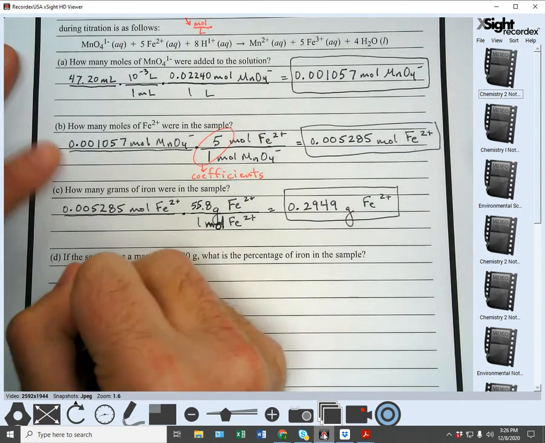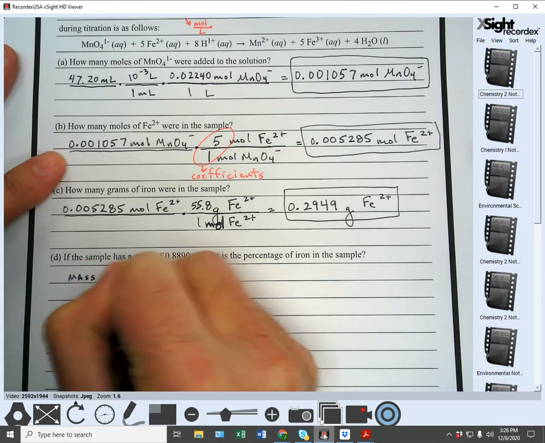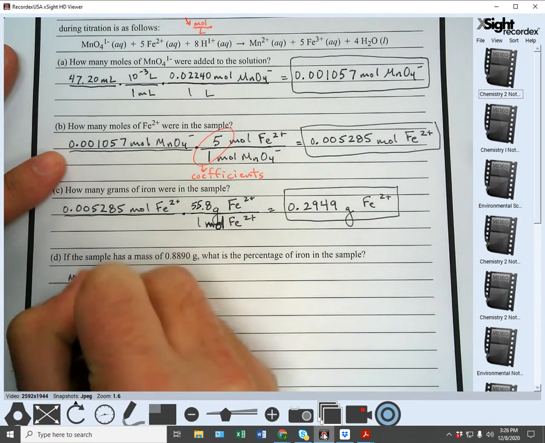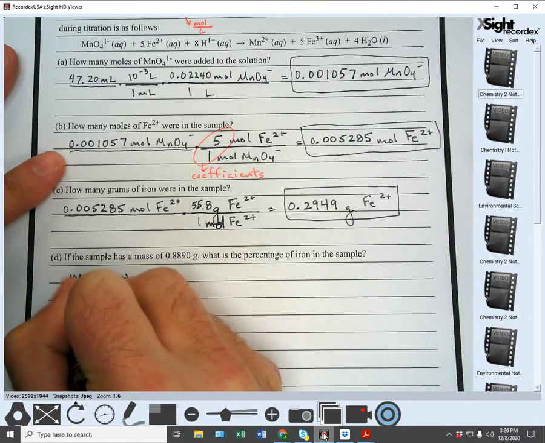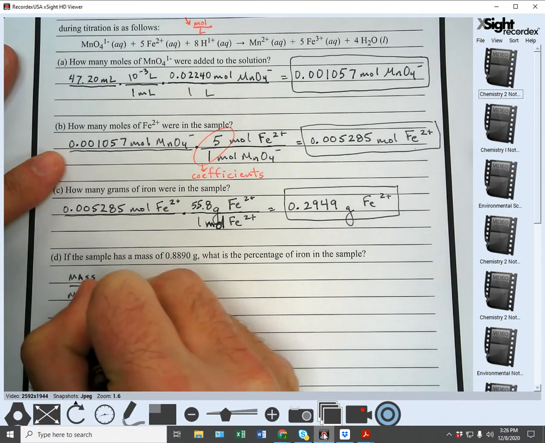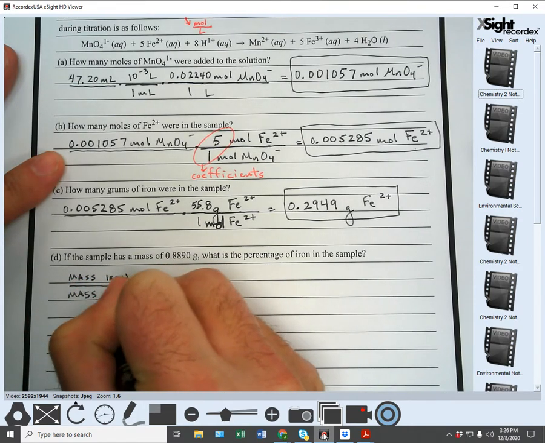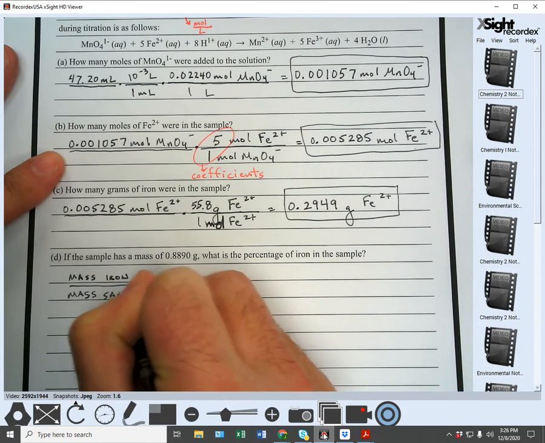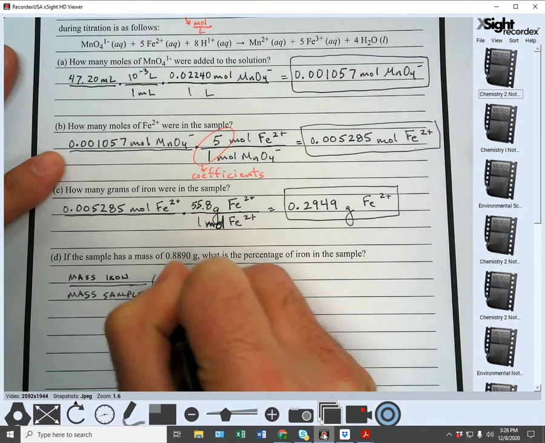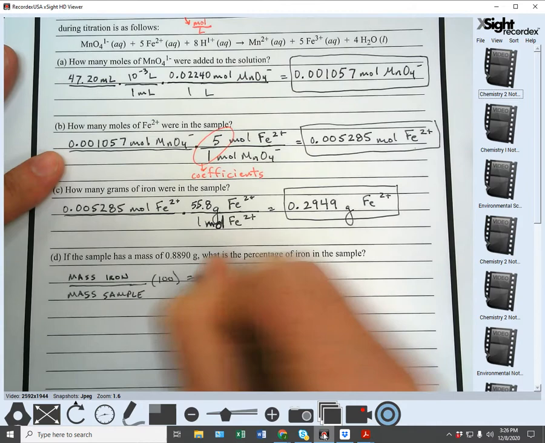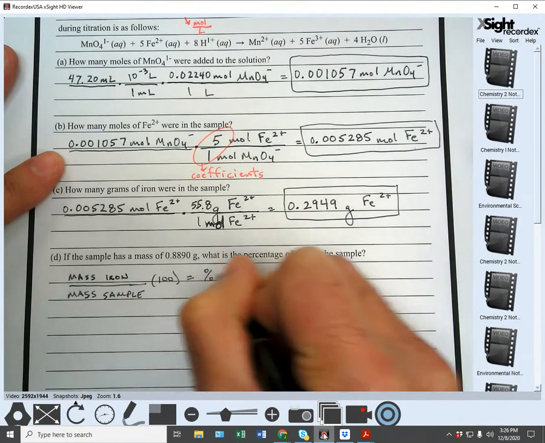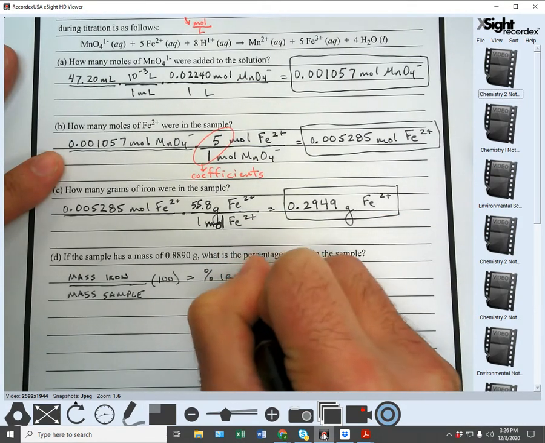Well, you would take the mass of the iron divided by the mass total of the whole sample, and then times 100, and this is going to equal percent of iron.